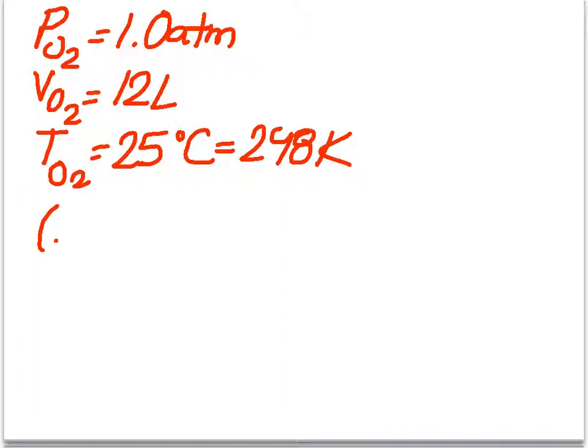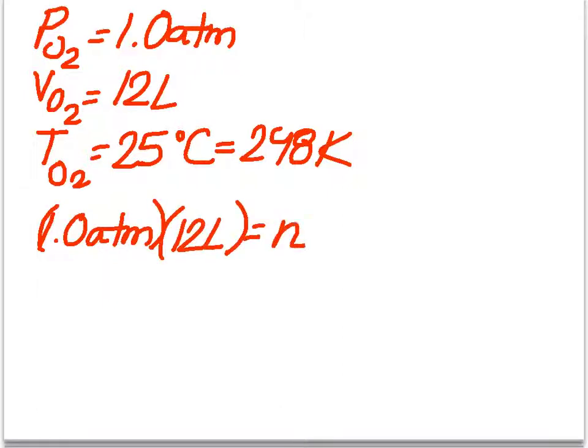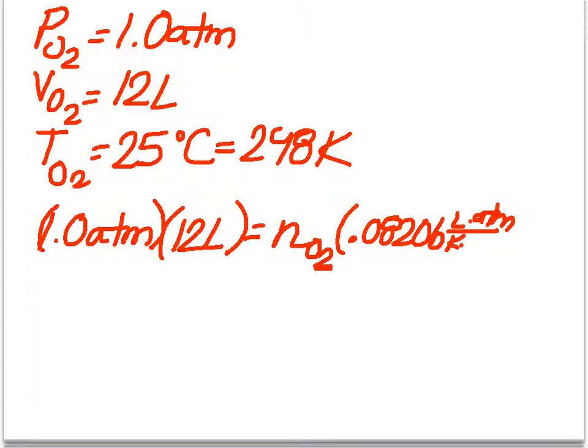So we're going to take 1.0 atm times 12 liters is equal to n for oxygen times R, 0.08206 liters times atmospheres over Kelvin times mole, times the temperature, 298 Kelvin.